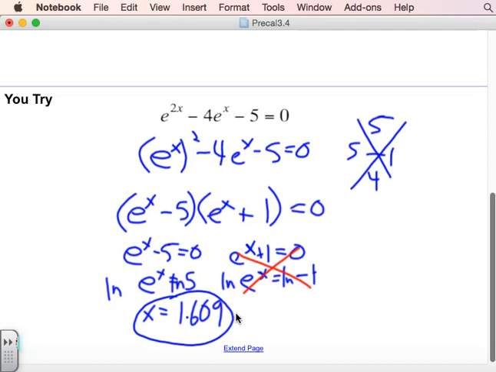There's nothing I can raise something to make it negative. If I raise it to a negative, it just makes it into a fraction, right? So I can't raise e to something to make it -1. So anytime you have a logarithm of a negative, you know that that's not going to give you an answer. So when I take the natural log of -1, I don't get an answer from that factor.